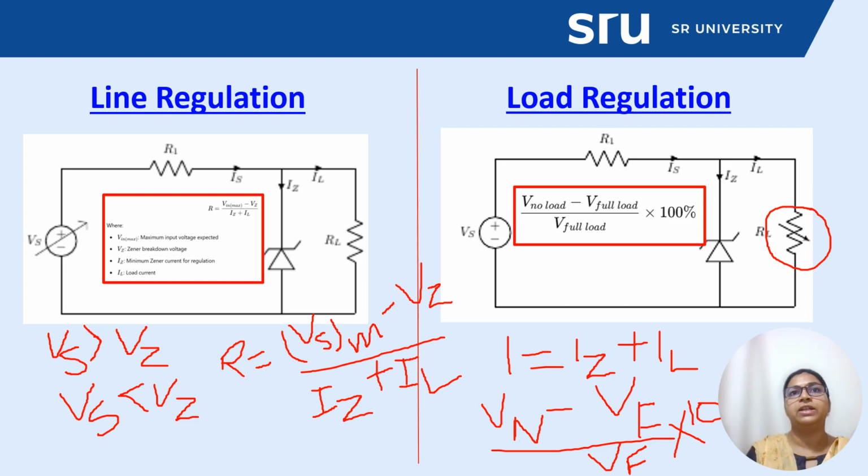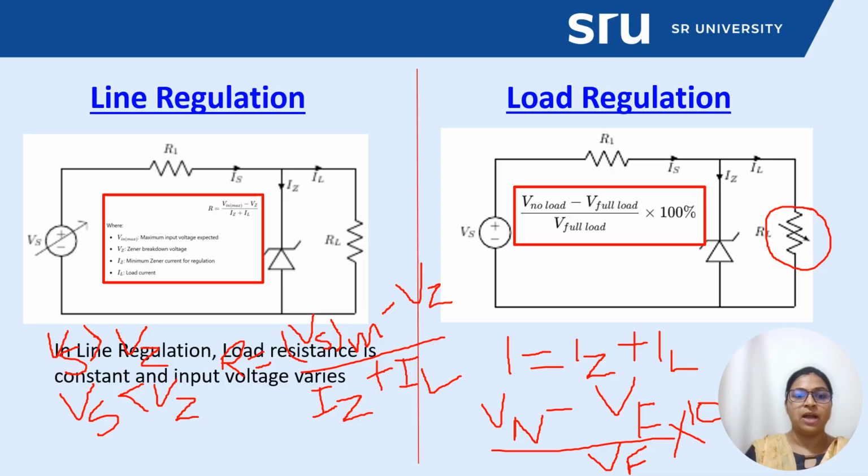V no load is the output voltage when no load is connected, that is high resistance, and full load means the output voltage at maximum load current, low resistance. A good Zener regulator has a very small voltage variation, typically less than 1%.